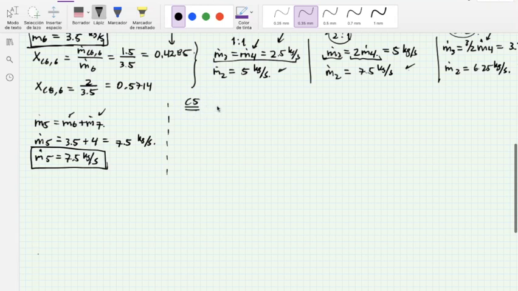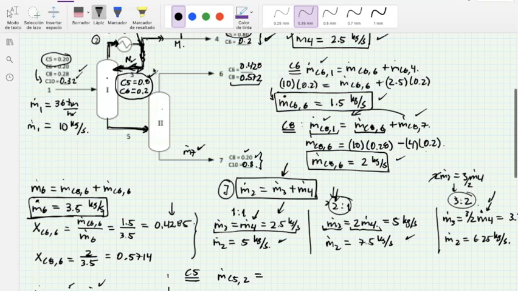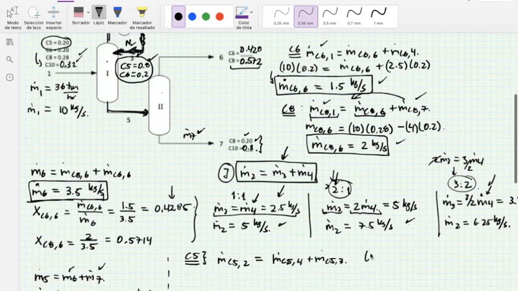So let's just go with C5. I will do it for stream 2. What I'm going to put here is MC5 at 4 plus MC5 at 3. Basically, with this C5, I'm putting all the mass flow in the junction.